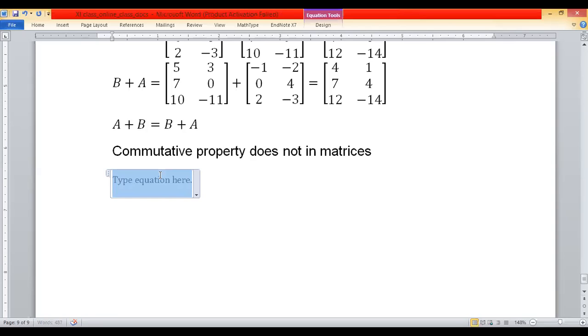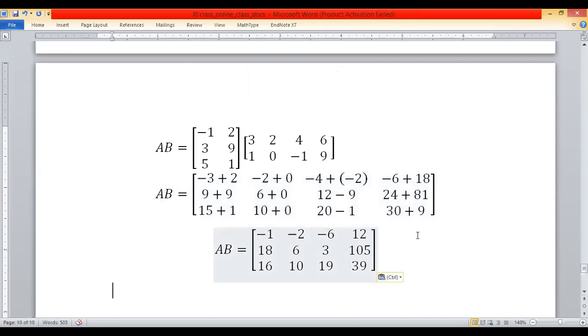So you can say AB is not equal to BA. You can write an example. It's your workout. What should be BA? So find out BA, and when you find BA, it will not be the same as AB. So note down. It's your homework.